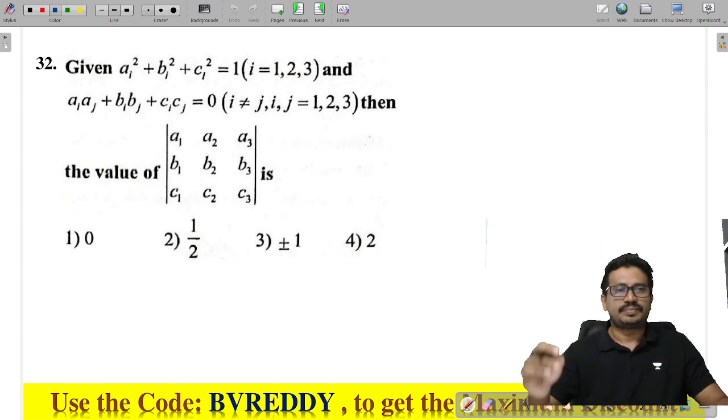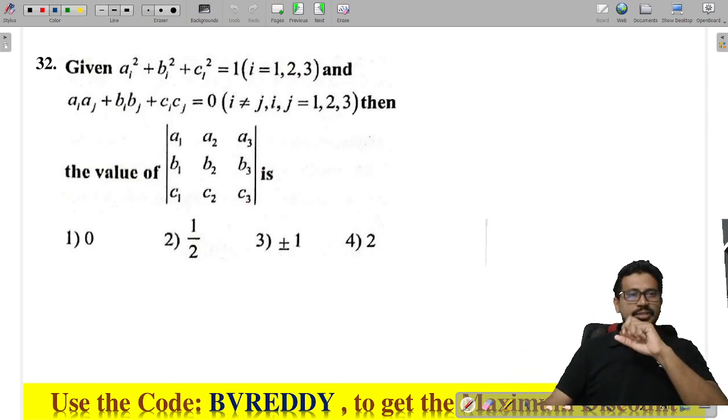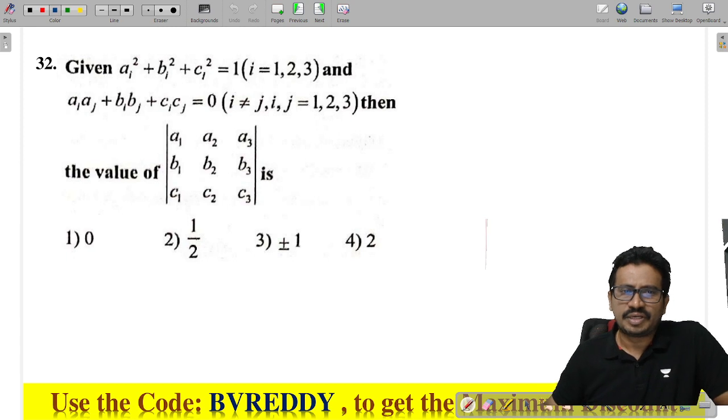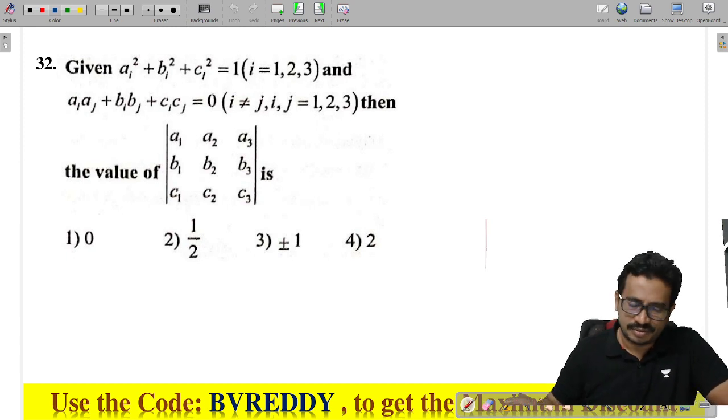Next problem. See this here. They gave the conditions: ai square plus bi square plus ci square equals 1, and ai aj plus bi bj plus ci cj equals 0 when i is not equal to j.